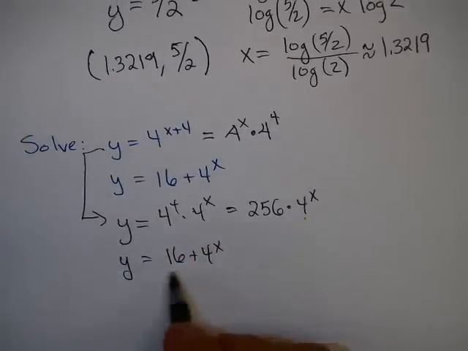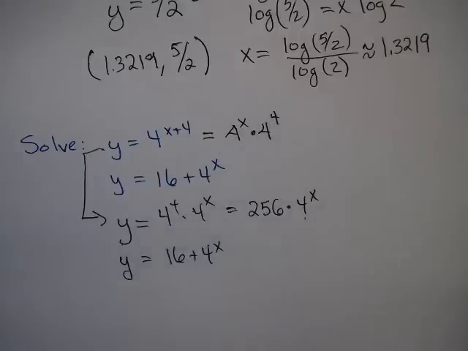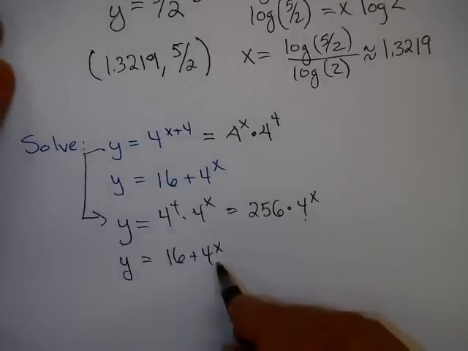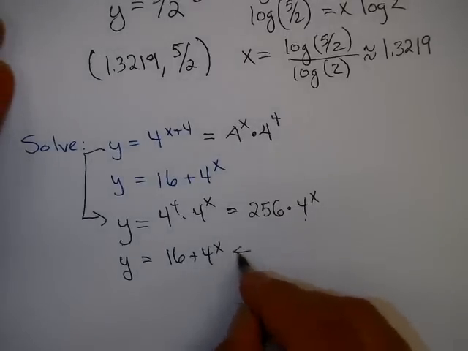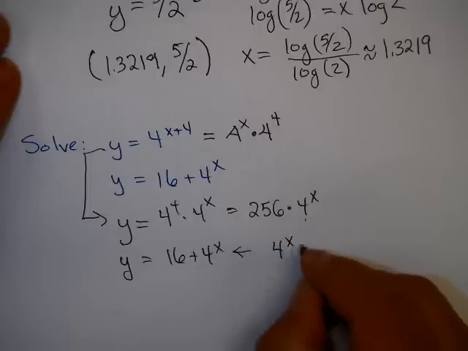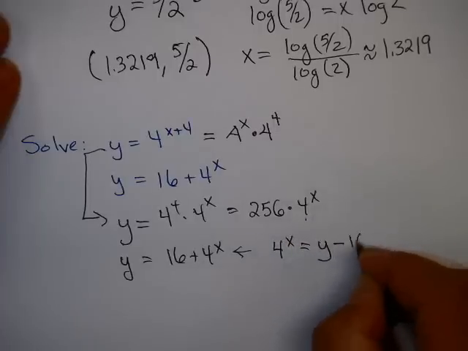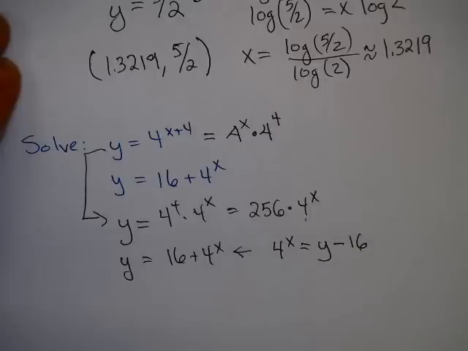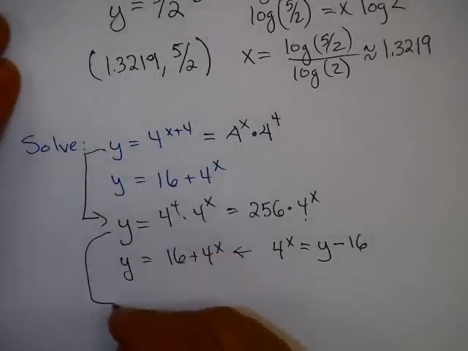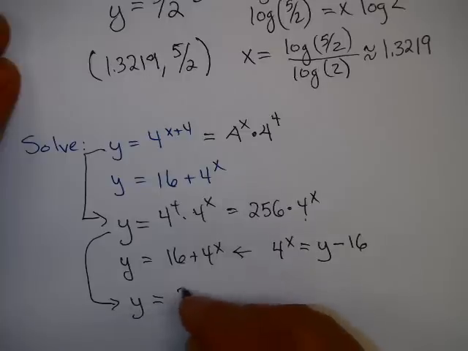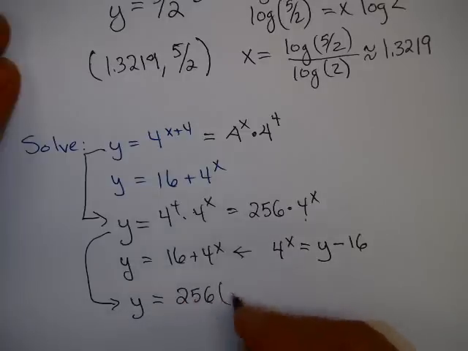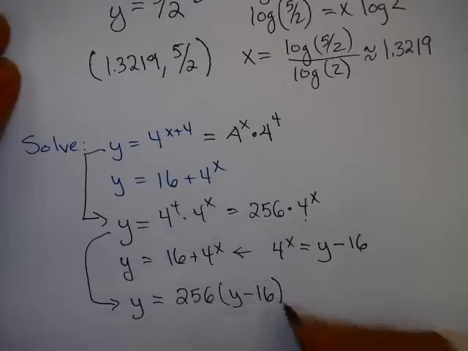And again, I think it's a little easier to substitute for 4 to the x. I'm going to use this equation and solve for 4 to the x. By subtracting 16 from each side, I get that. Then I replace that in the original equation, 256 times y minus 16.